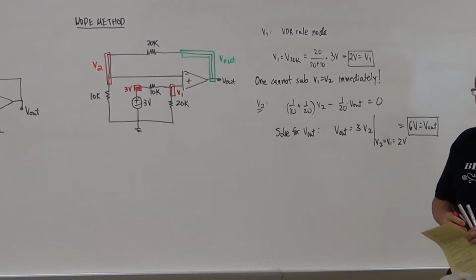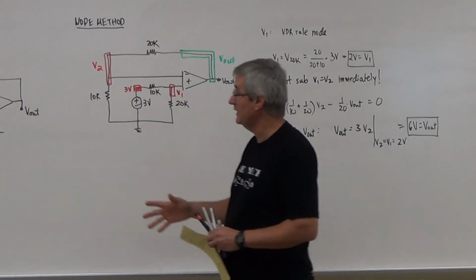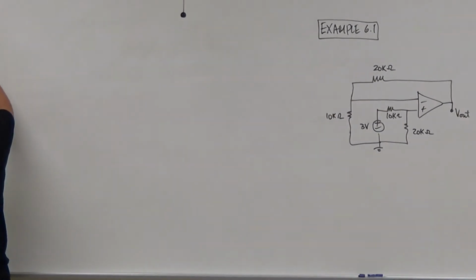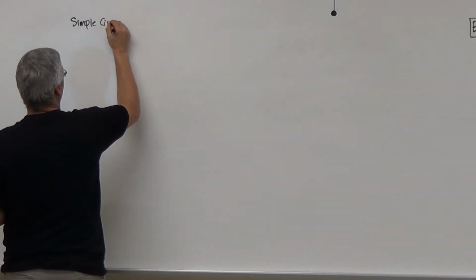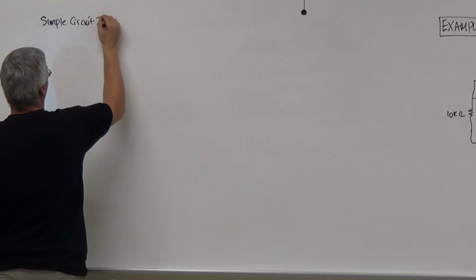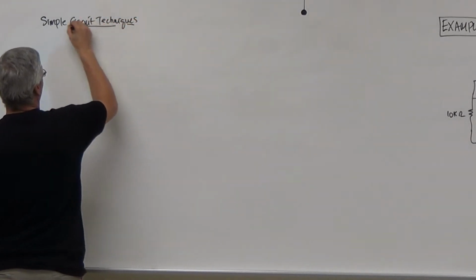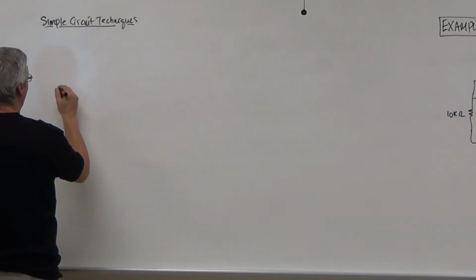The next method I want to look at is simple circuit techniques. I'm going to take this circuit and apply it again, now with a simple circuit technique. If I redraw the circuit, what do I see here?